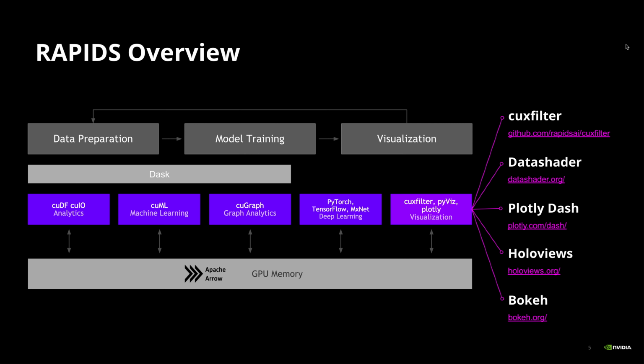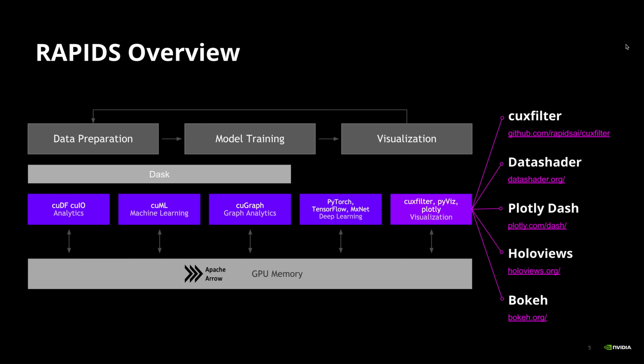At the end here you see visualization, which is more of an integral process throughout, but we have several libraries that we have integrated or are working with. Our own is called cuCrossFilter, a quick way to build out cross-filtered charts to investigate your data, select and query, and have different perspectives.